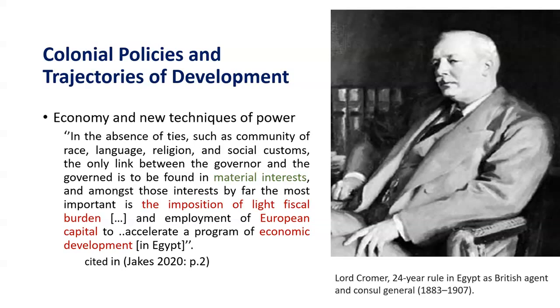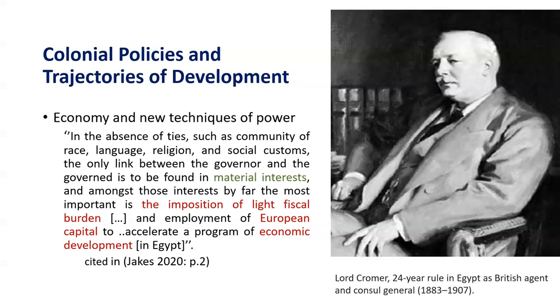There is no social correlation between the governors and the governed. They're just being governed by the governors and that's all. There are no social ties between Egyptians, the governed, and the British authority, so they had to base it on material interests.